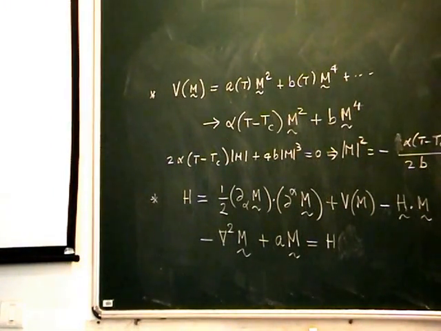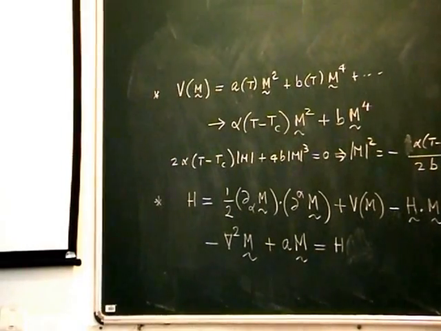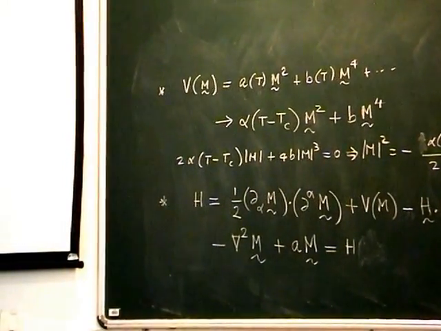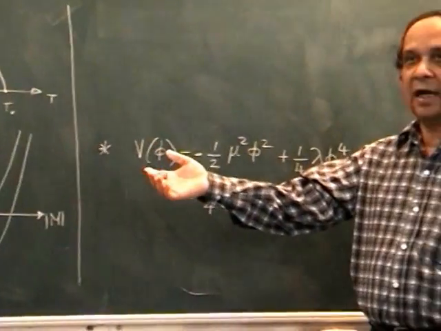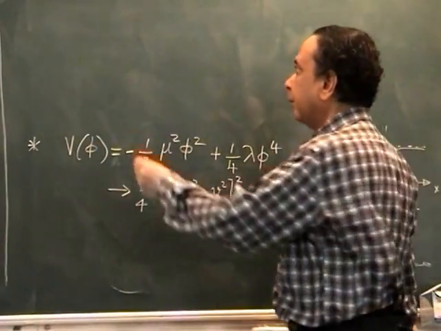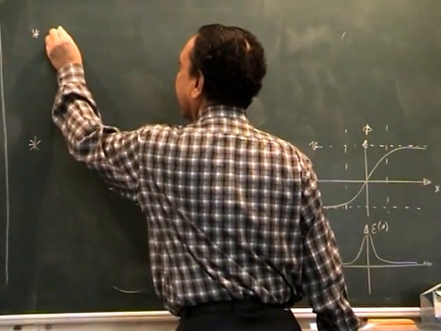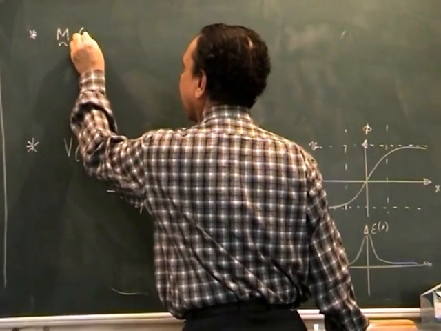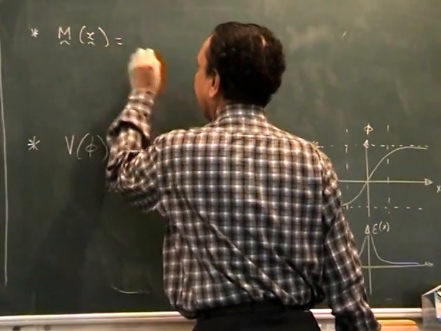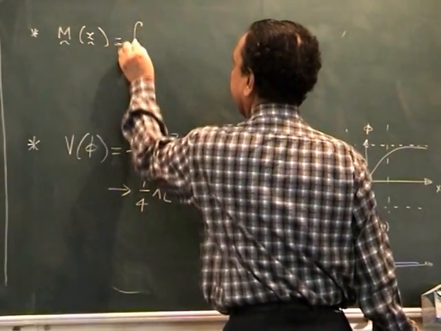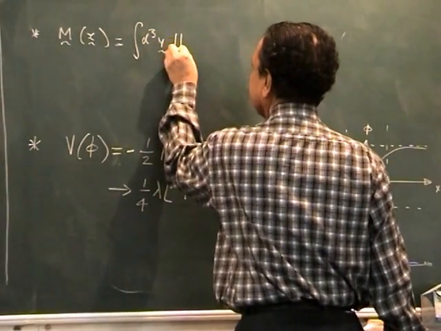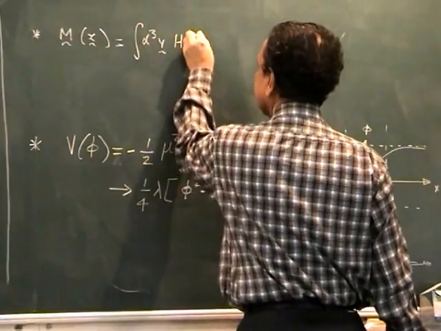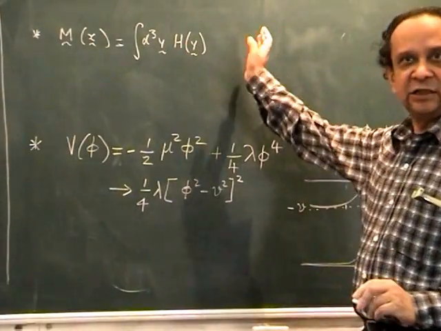Again, you go to the Fourier space and evaluate them. But we had done this when we studied the Yukawa potential, because when you had a static source on the right hand side, the solution for the magnetization m at any point x will be the integral over d3y of the externally applied h at some point y times a Green's function.